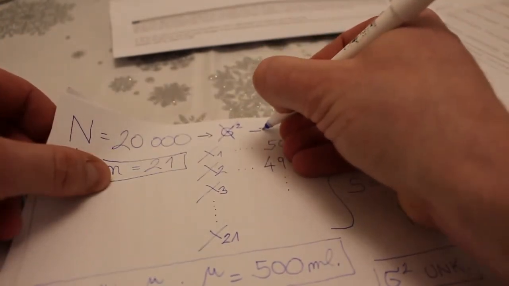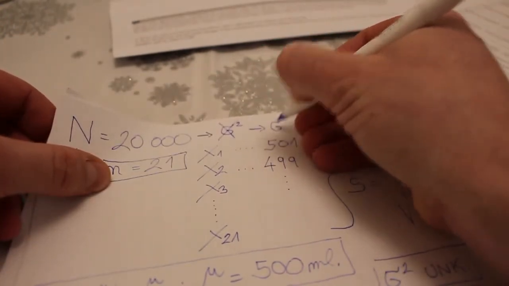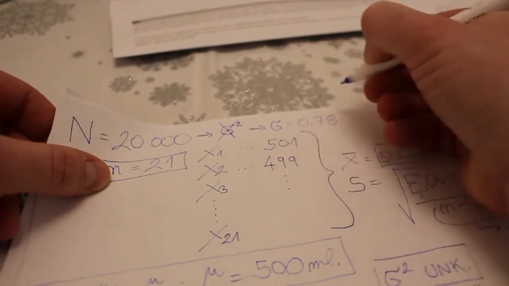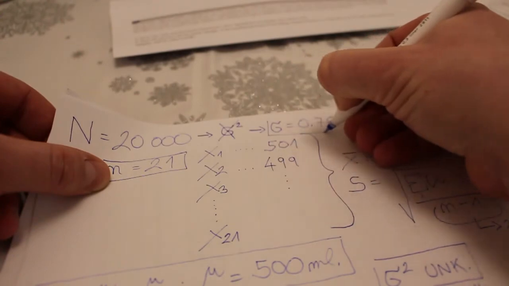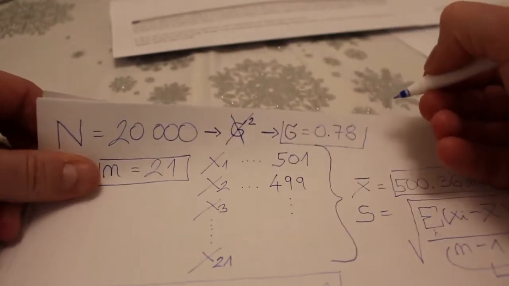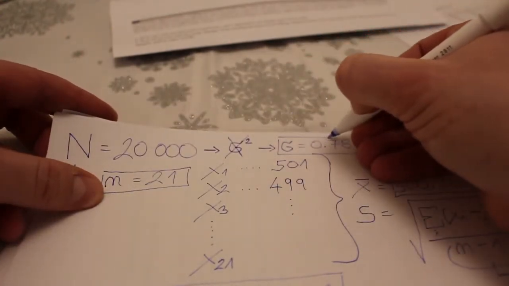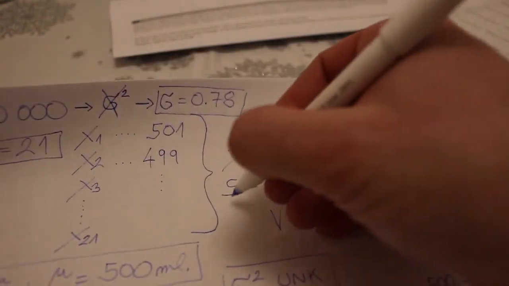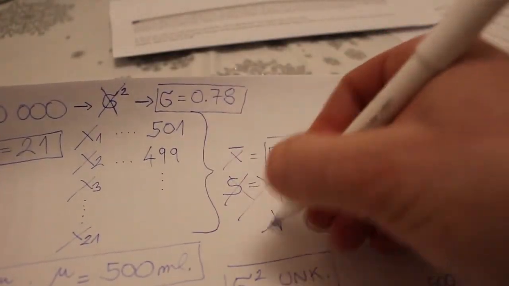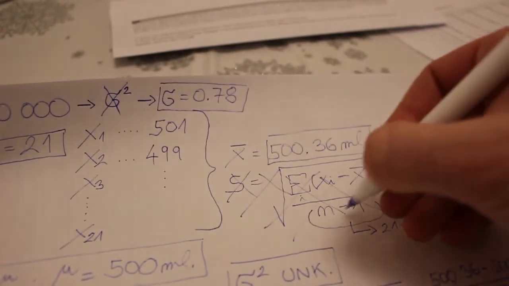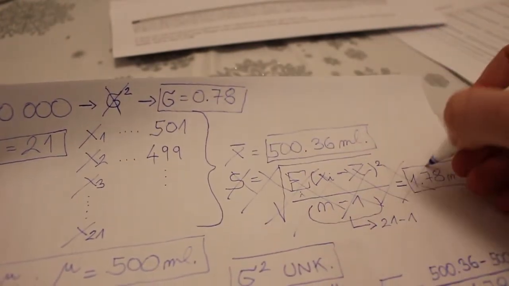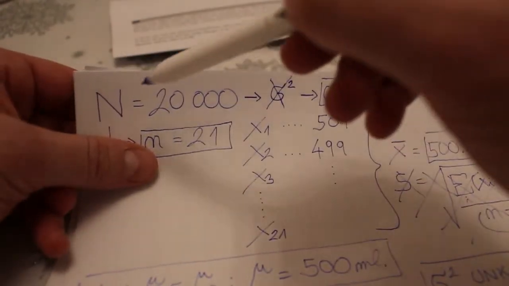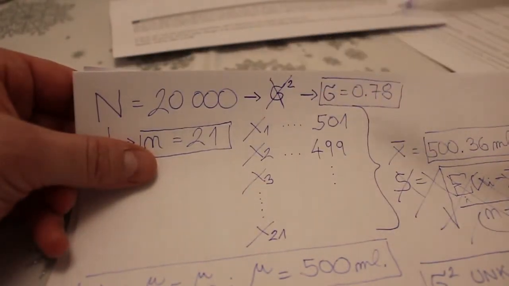Now I know sigma is equal to 0.78, and this standard deviation is connected with the population and not with the sample. Yes, I don't have the sample standard deviation. I have the deviation which is connected with the population.